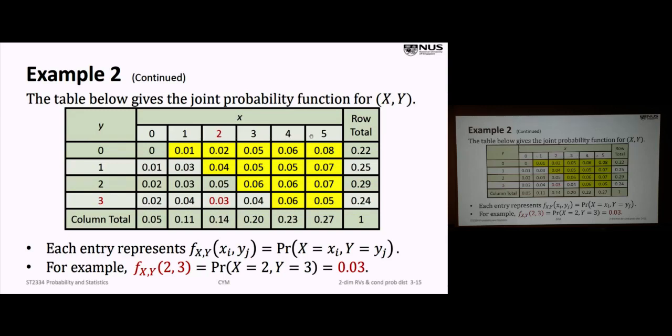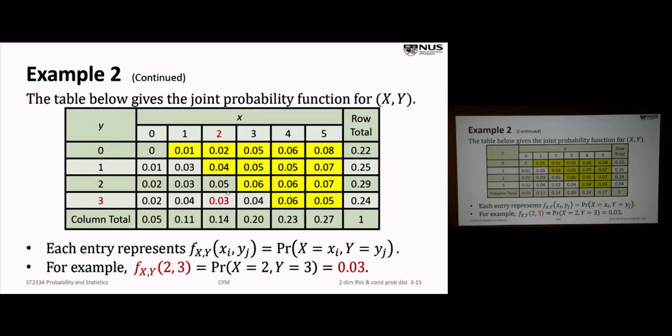So what do the entries in this matrix correspond to? This entry, 0, represents the probability that the random variable X, the number of machines made on line A, is 0, and simultaneously that the number of machines made on line B is also 0. So that's impossible to happen.